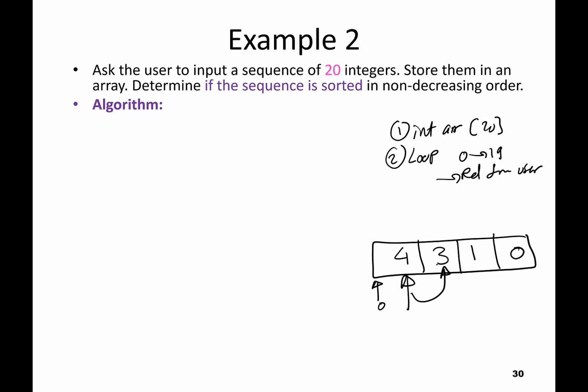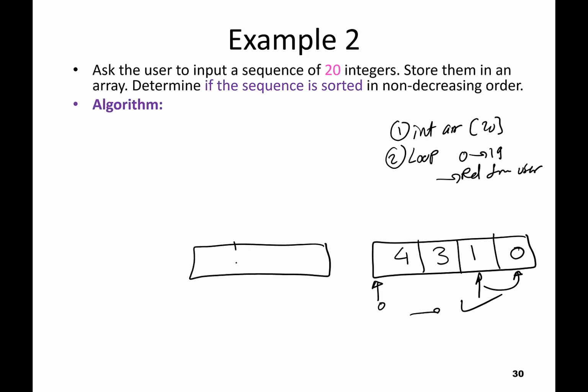Yes, so you satisfy the condition. Then you move to the second element and compare with the next. Does it satisfy the condition? Yes. So you move here and compare with that. It satisfies the condition and you are done. Great, so that's sorted.